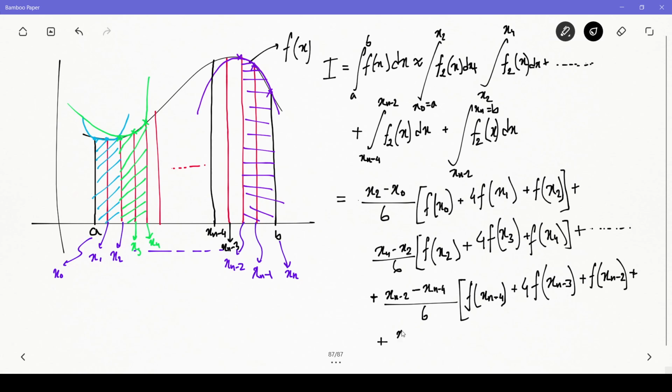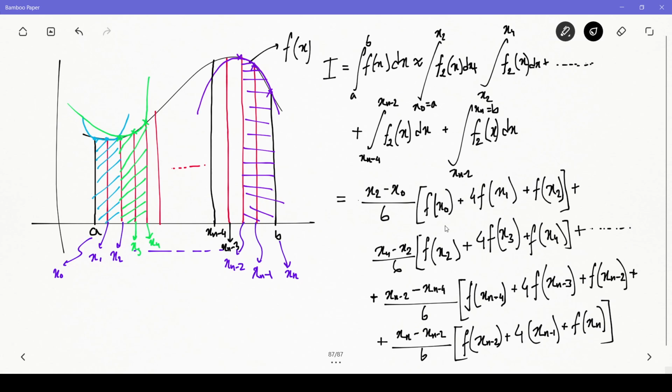So we have f of xn, which is practically the same as writing, over here, xn minus xn minus 2 divided by 6 times f of xn minus 2, plus 4 times, between xn minus 2 and xn, we have xn minus 1 as the midpoint, so f of xn minus 1, plus f of xn, which is our final functional value, right? This whole thing over here.